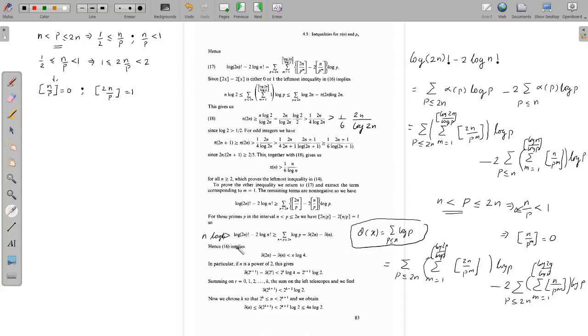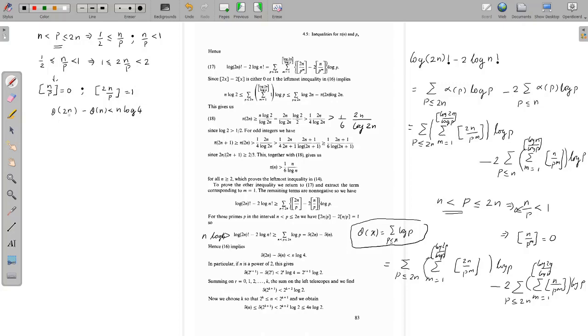So this inequality shows that theta of 2n minus theta of n is always less than n log 4.